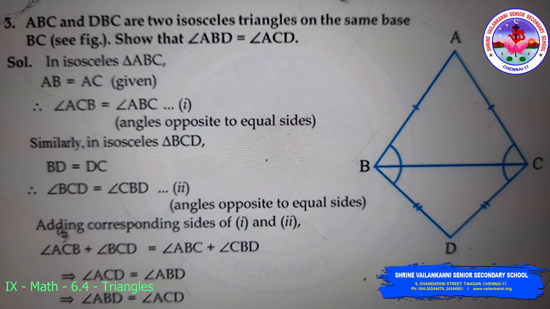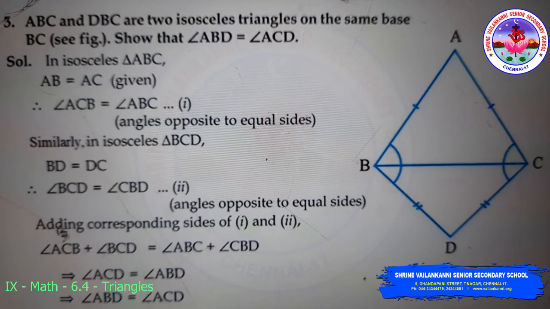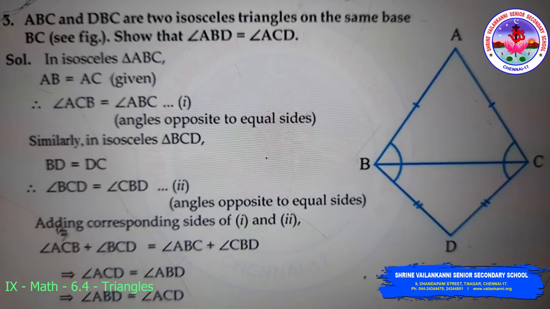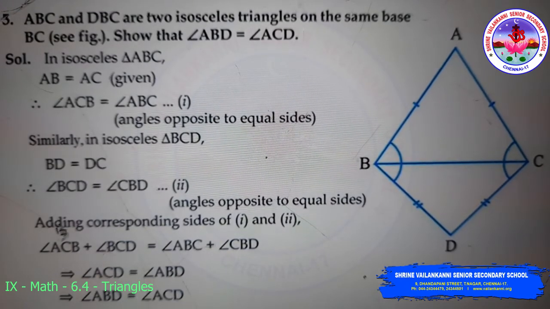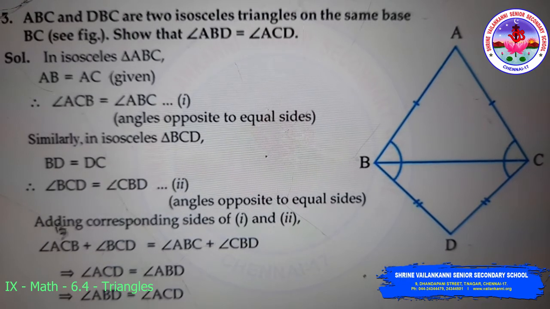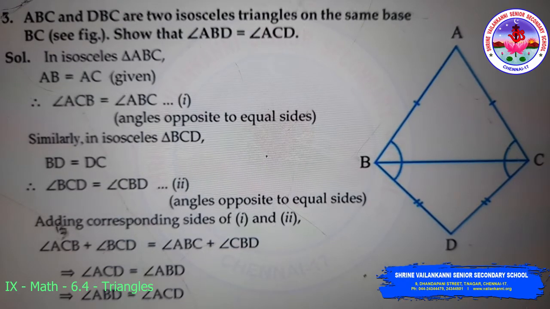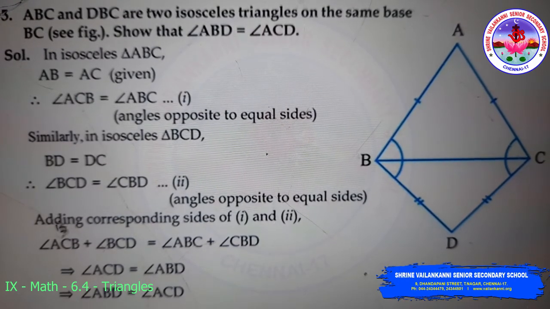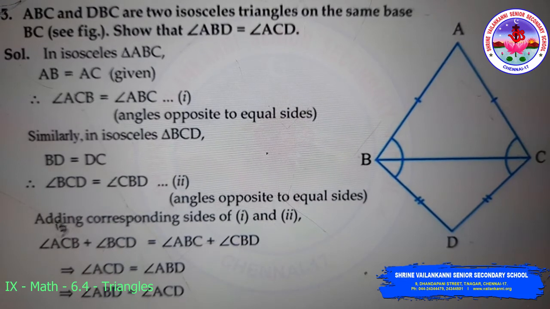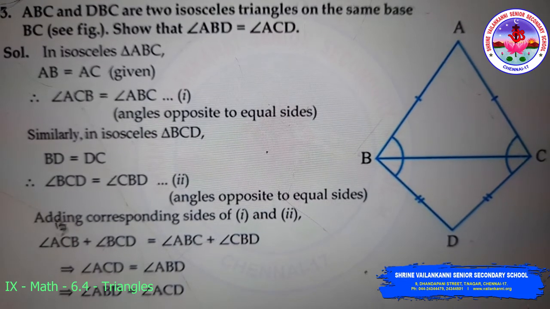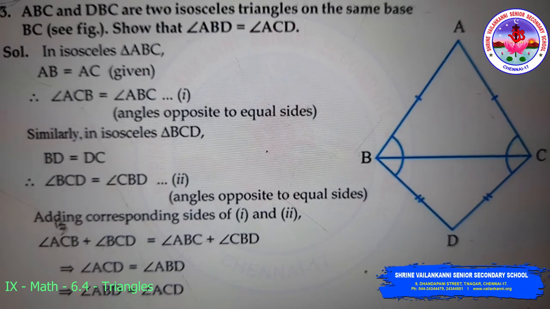Consider isosceles triangle ABC, where you have the property AB is equal to AC and the angles opposite to equal sides are equal. So the angles opposite to equal sides AB and AC are angle ACB and angle ABC. So we have angle ACB is equal to angle ABC.